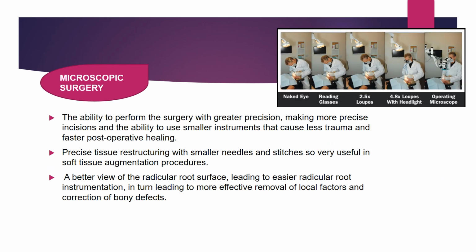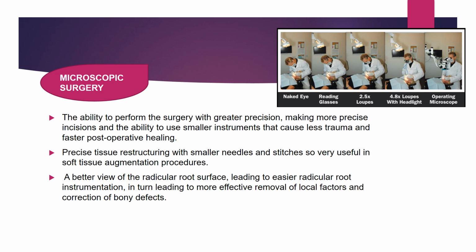Then microscopic surgery. The picture shows how it has evolved, that is, microscopes have been used for surgical purposes. Mainly it is used for periodontal plastic surgeries, as we need precise work, that is with greater precision, making more precise incisions, also with smaller instruments, which causes less trauma and less scarring, that is, least post-operative complications, which facilitates post-operative healing, right?